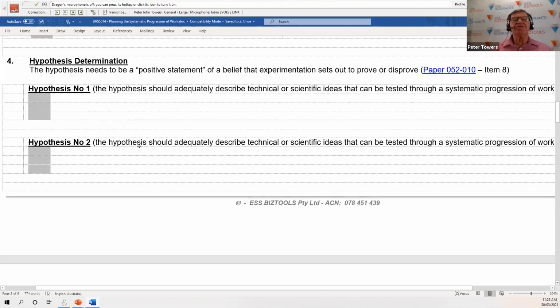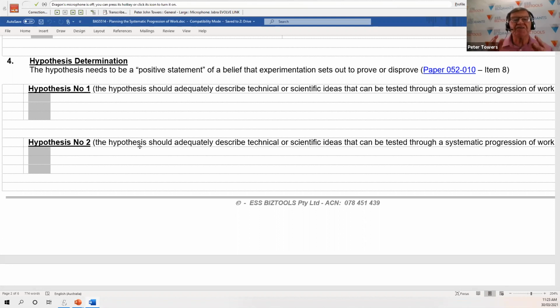And then it's important to identify the hypothesis or hypotheses that apply to this particular project. The hypothesis is a positive statement that, through a series of experiments, is either going to be proved or disproved. Now, it doesn't matter for claiming of the costs if the hypothesis is disproved.